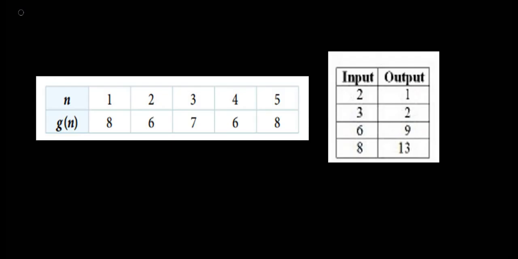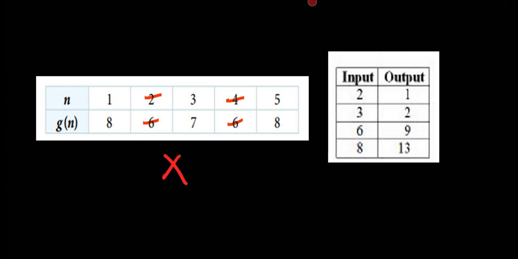In this first example, we have two different tables of functions, and we shall be examining them one after the other. In the first table, the output value g of n has 6 at two different places, which means the output value 6 corresponds to two input values, 2 and 4, which means this function is not a one-to-one function.